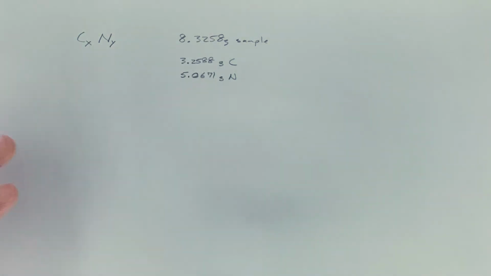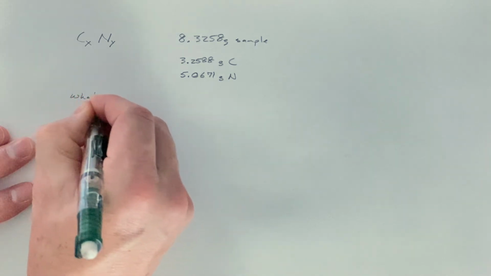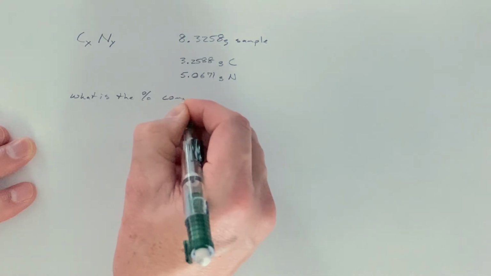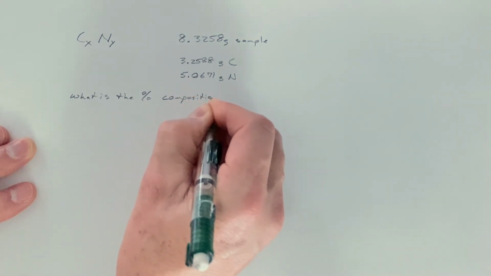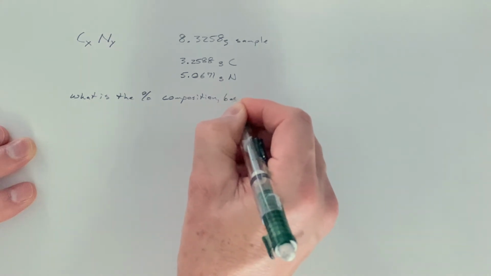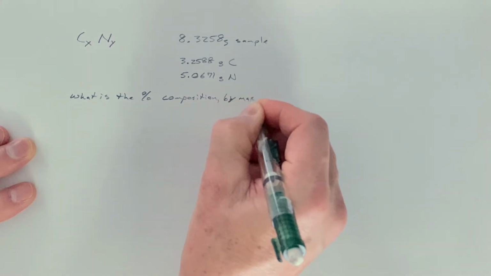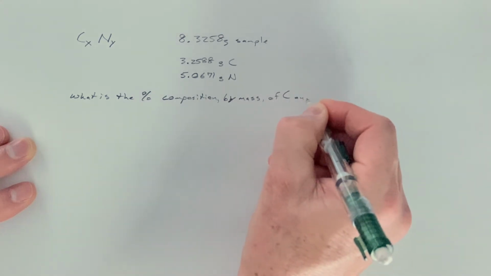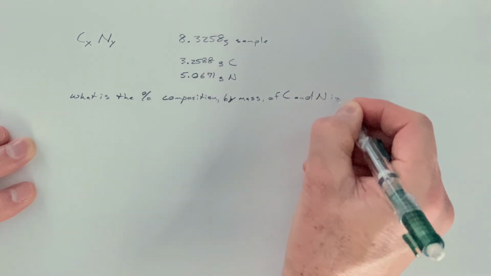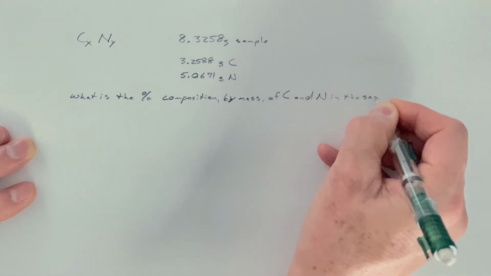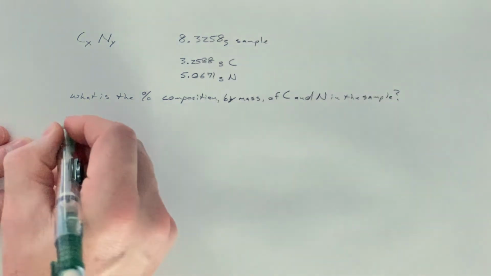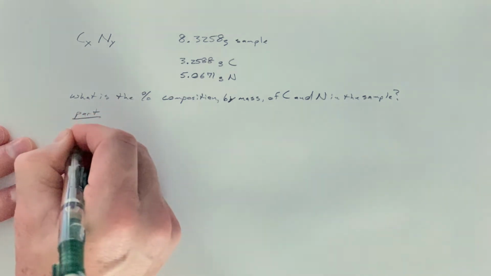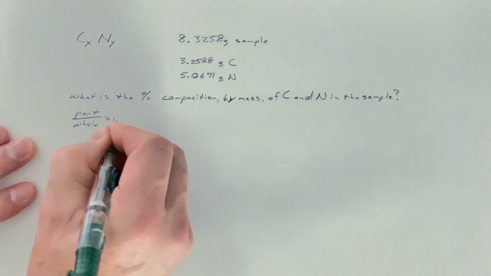We could certainly ask the question, well, what is the percent composition by mass of carbon and nitrogen in the sample? And again, we will be looking at part over whole times 100.